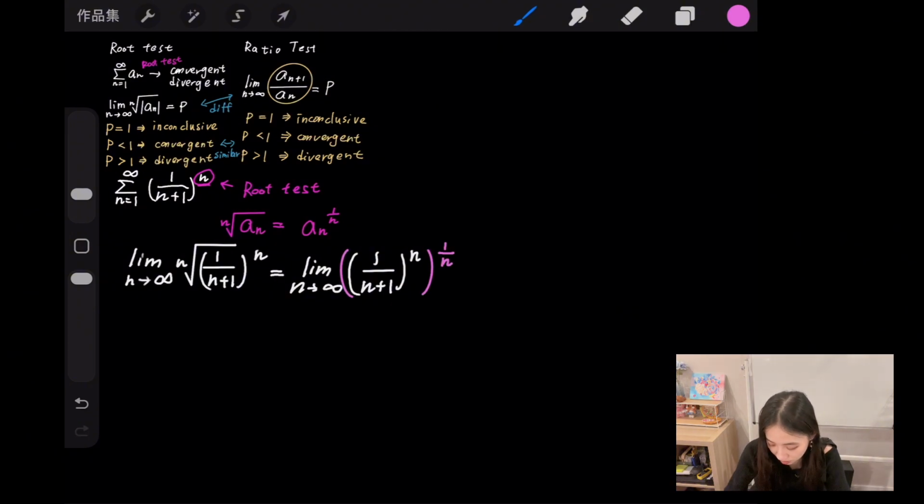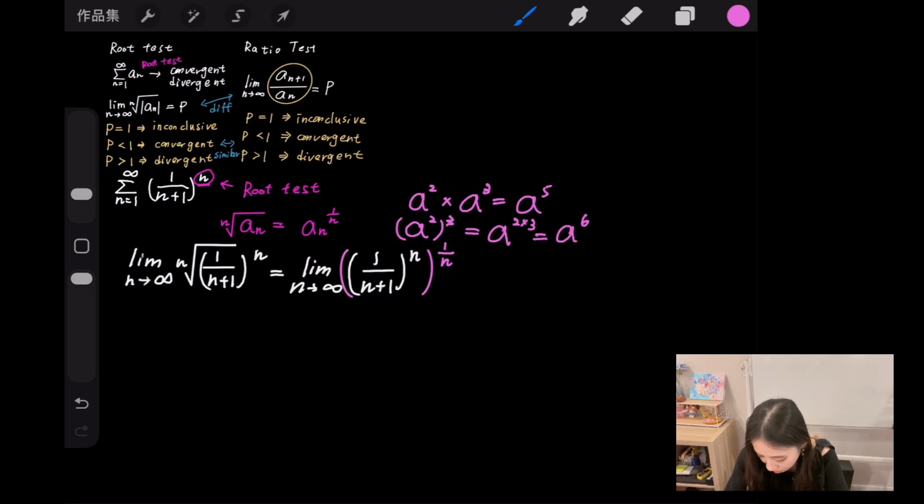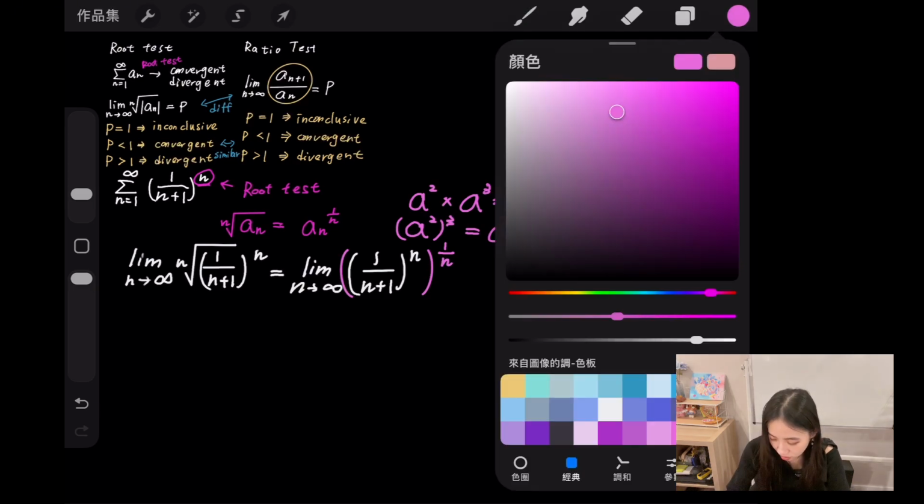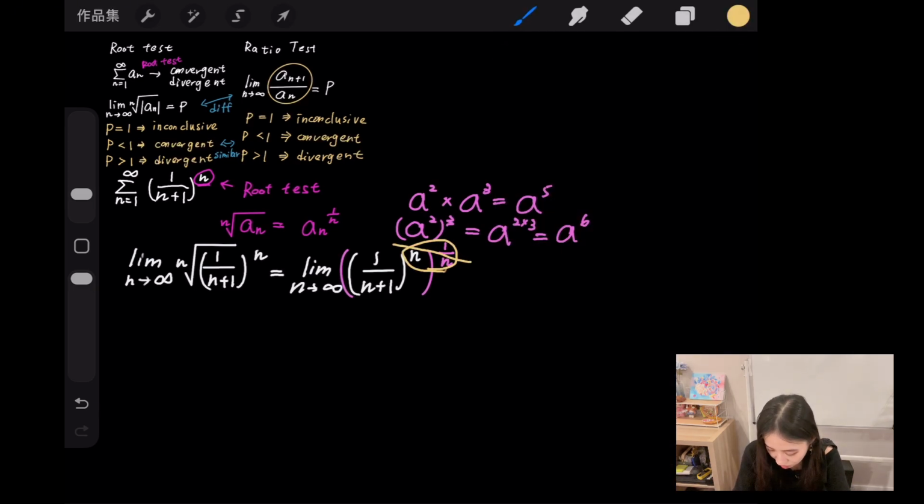As you all know, if I have a to the power of 2 times a to the power of 3, the exponents add together, so it will be a to the power of 5. But in this case, a to the power of 2 to the power of 3 will multiply, 2 times 3, which is a to the power of 6. So this part is going to cancel out and be to the power of 1.